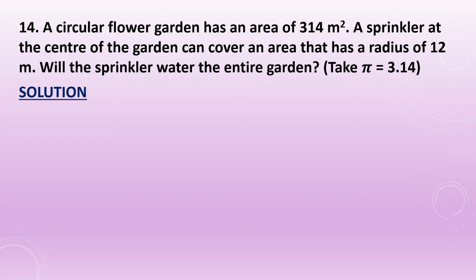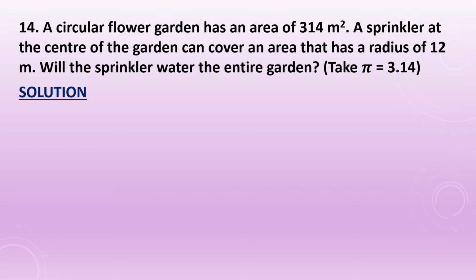Our question is, will the sprinkler be able to water the entire garden or not. The area of garden we know. Now we can find the area that the sprinkler can water, whose radius is given 12 meter.